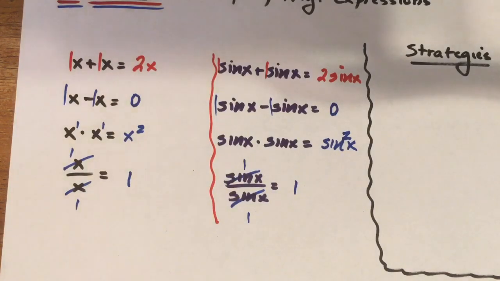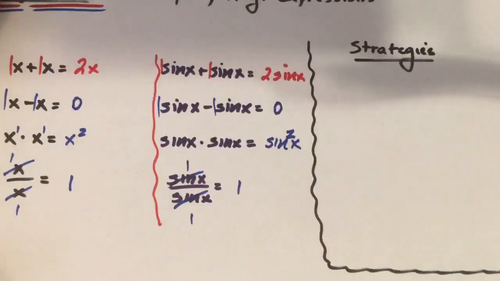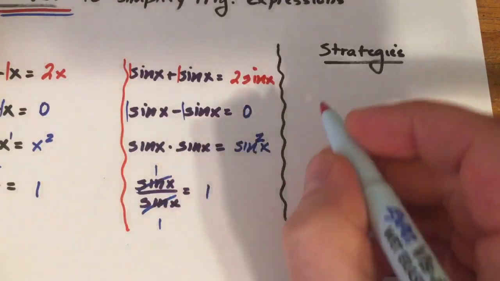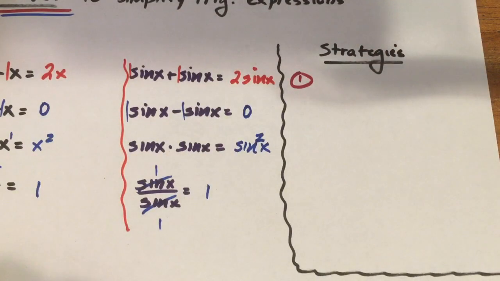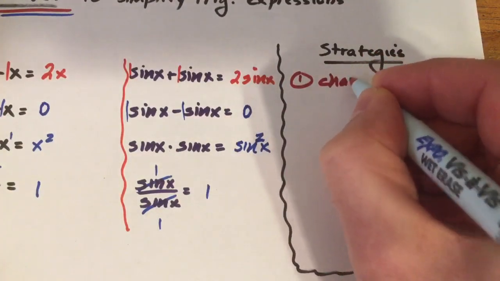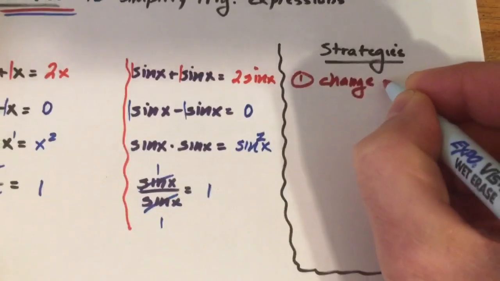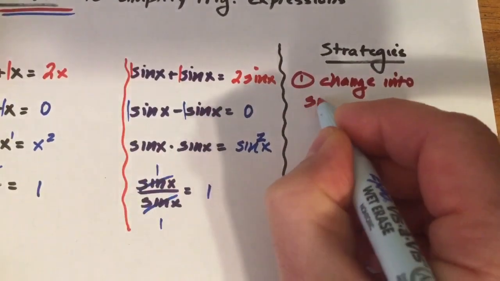Let's take a look at, very briefly, some strategies that we covered before spring break to simplify trig expressions. We're going to end up using these strategies quite a bit. The very first thing is to change everything into what? Sines and cosines. So change everything into sines and cosines.